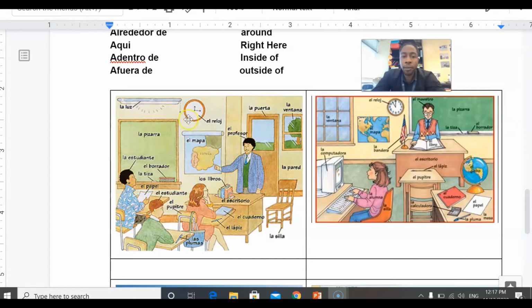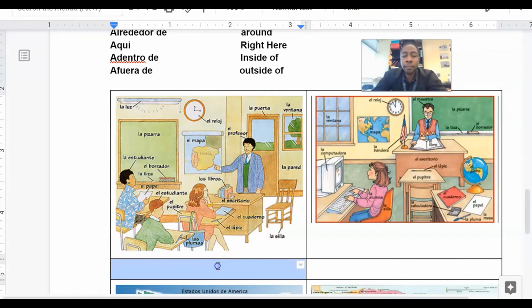So let's get an example. Okay. What we would do is I would say something like, my subject would go here if I was talking about el reloj, but I am not. And I would say, está, or es, al lado del profesor. Profesor.